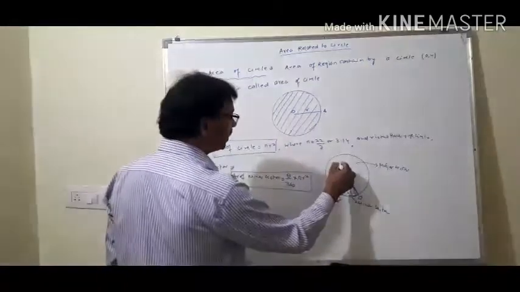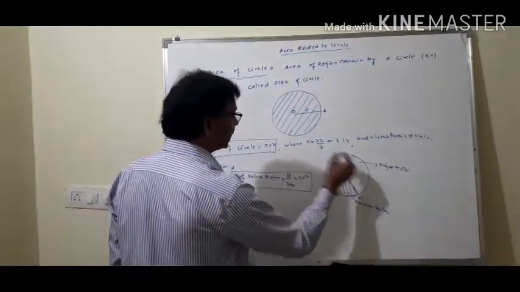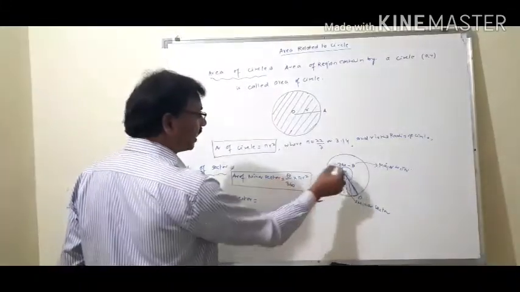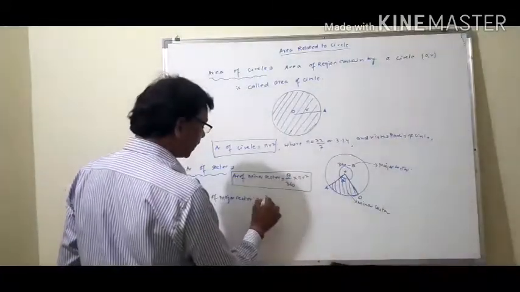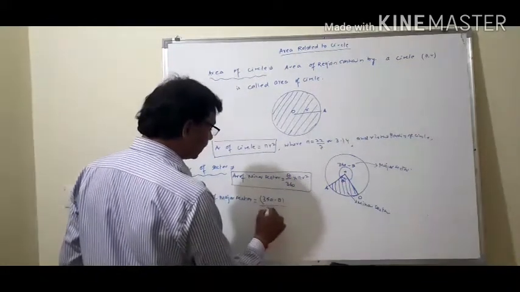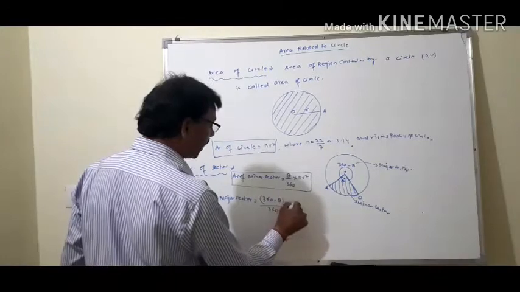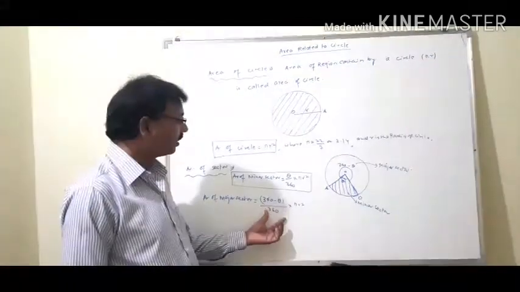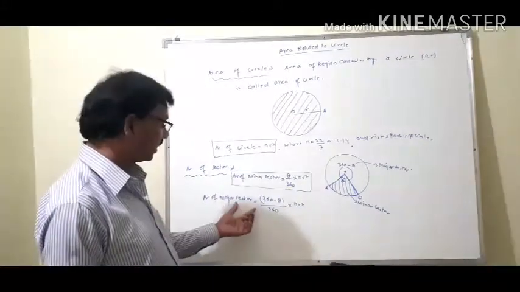That means this will be 360 minus theta. So we replace theta by 360 minus theta, that is, 360 minus theta whole upon 360 into pi r square. With the help of this formula, we can find the area of the major sector.